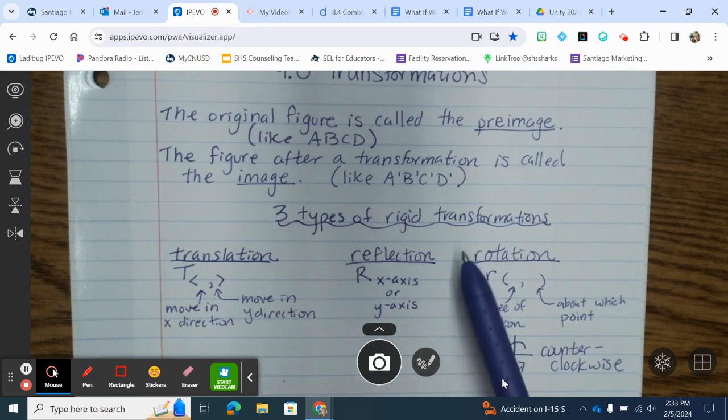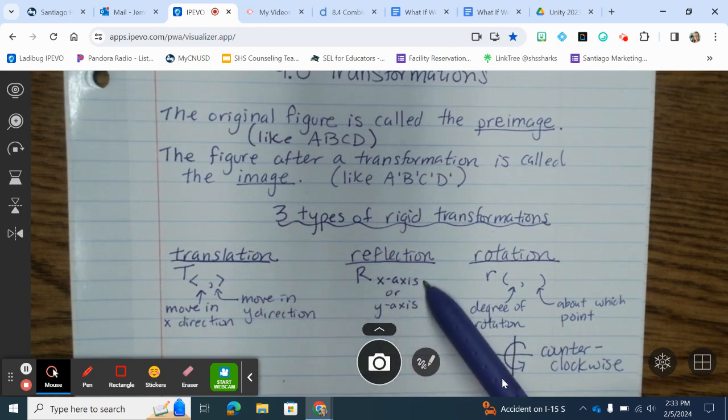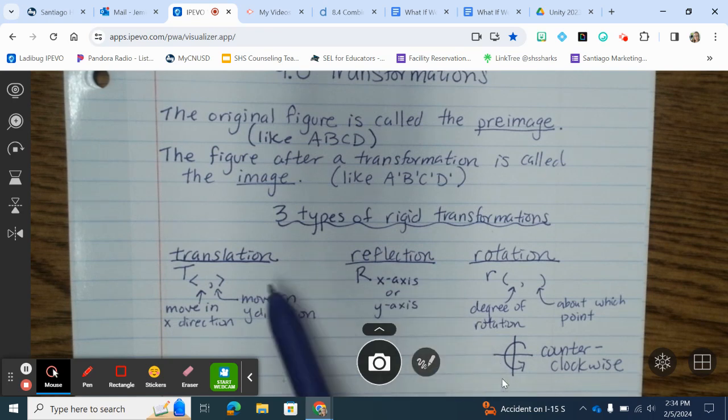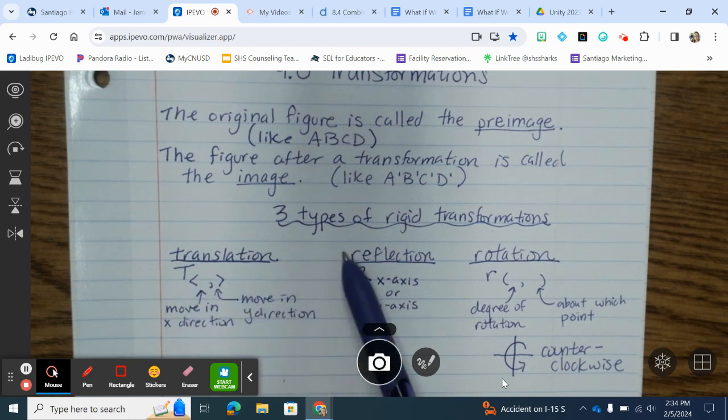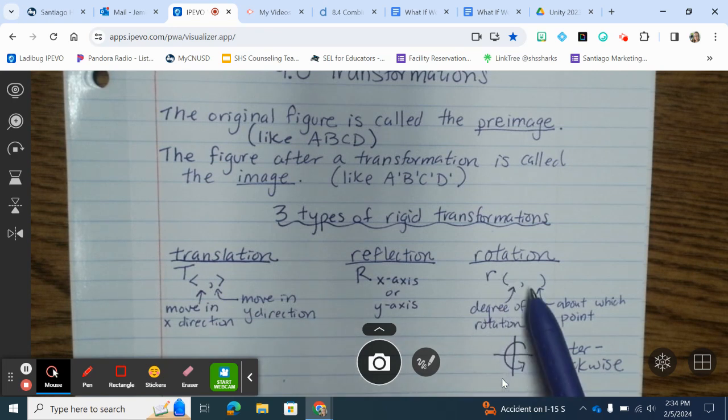For reflection, I can technically reflect over any line. The only ones we're going to be doing here are the X-axis or the Y-axis. Translations are represented by a capital T, reflections by a capital R, and rotation by a lowercase r. Now, this subscript is going to have the degree of the rotation and about which point we're going to rotate. I can rotate about any point, although we will only be rotating about the origin.